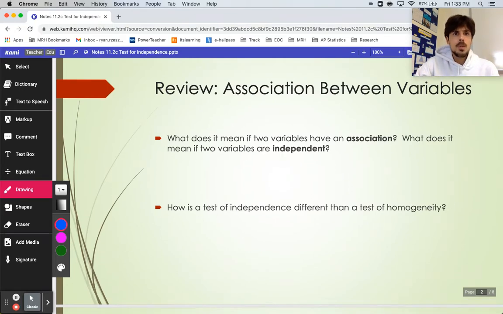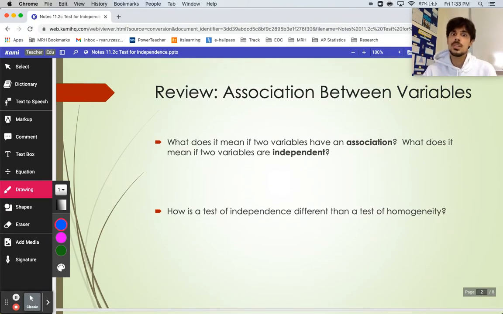So we need to flash back all the way to chapter 4, chapter 1, chapter 3, beginning of the year stuff. So we're way back now in first semester, reviewing what it means for two variables to have an association with each other. Remember that in statistics, talking about cause and effect is a very strong thing.